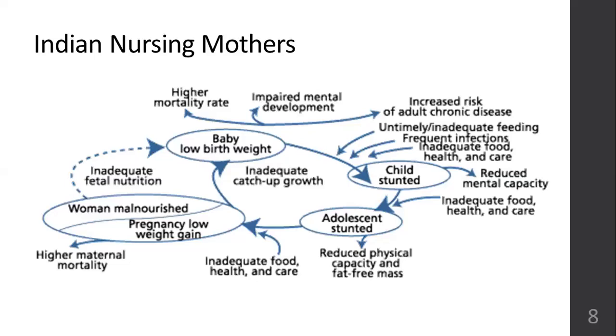So Indian nursing mothers, if this applies to all the poor communities in India, mothers who come under the BPL, below poverty line category. In all the poor communities in India, all mothers, lactating mothers, expectant mothers, usually take rice or wheat with very little pulse and vegetables.